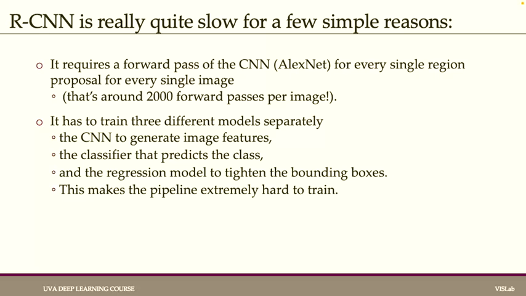And you have this really ugly pipeline of 3 different models: the CNN, the classifier, a regression model, and you also have the selective search. That all makes it really difficult to train, but it was a groundbreaking paper because it showed that neural networks can help with this task for the first time, by a lot.